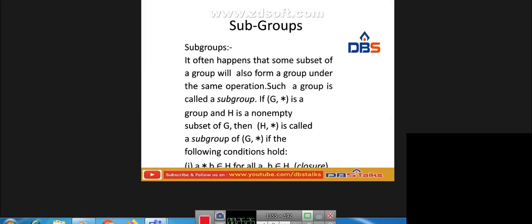Next one, subgroups. It often happens that some subset of a group will also form a group under the same operation; such a group is called a subgroup. That is, if (G, star) is a group and H is a non-empty subset of G, then (H, star) is called a subgroup of G if the following conditions hold.